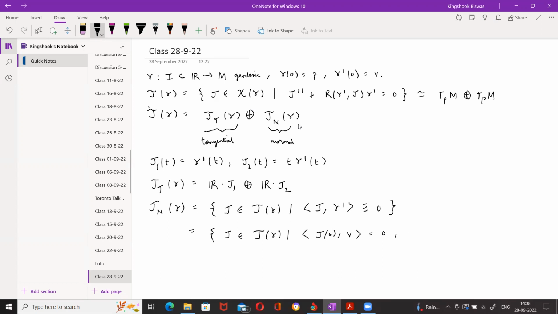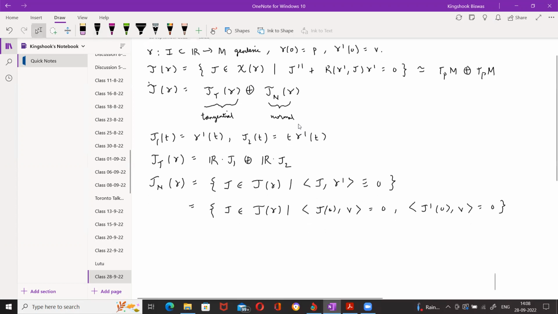And also the initial value of J prime is perpendicular to the curve, so the inner product of J prime(0) and V is 0. All right, so the tangential Jacobi fields have dimension 2, and the normal Jacobi fields are given by two linear equations, so this has dimension 2n minus 2. Is this okay?